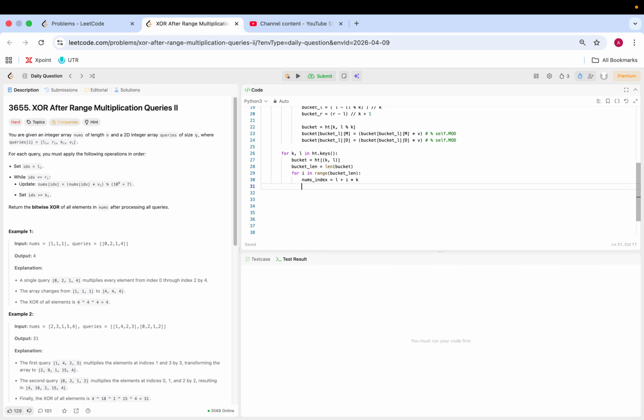And so nums at nums index equals something multiplied by bucket at I at 0, mod self.mod, and you also have to do a division thing as well. I probably don't need the mod if I'm dividing, but we'll say M for multiply and D for divide.